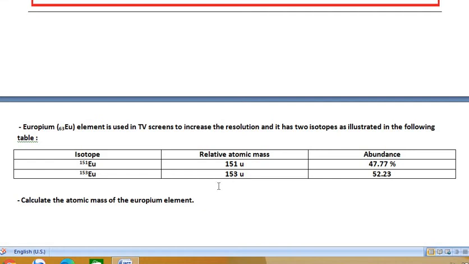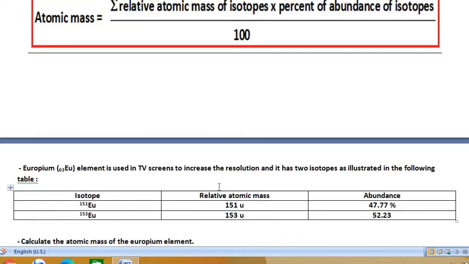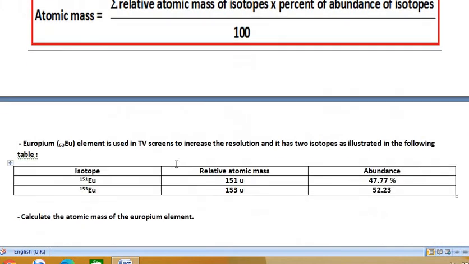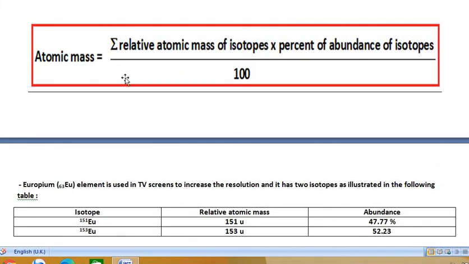of europium. When you want to apply this law to calculate the atomic mass of europium, multiply 151, which is the relative atomic mass of the first isotope, by 47.77, which is the percent abundance of the first isotope.